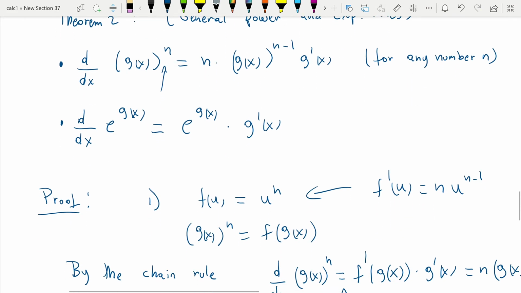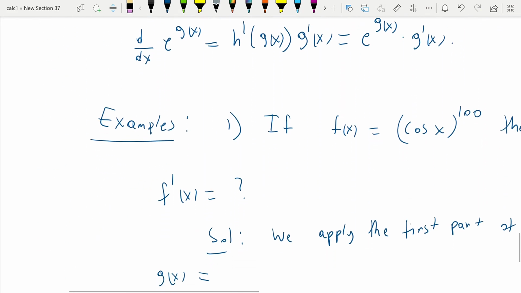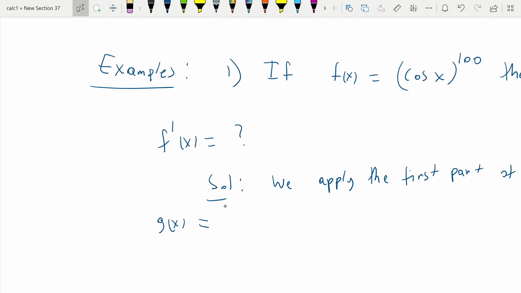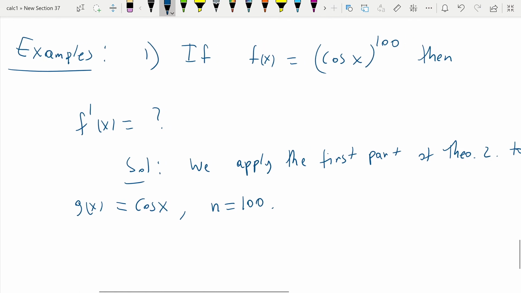So g of x to the n. So g of x here will be cosine of x, and n will be equal to 100.